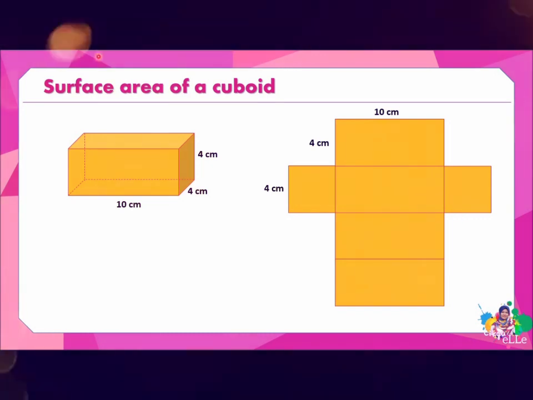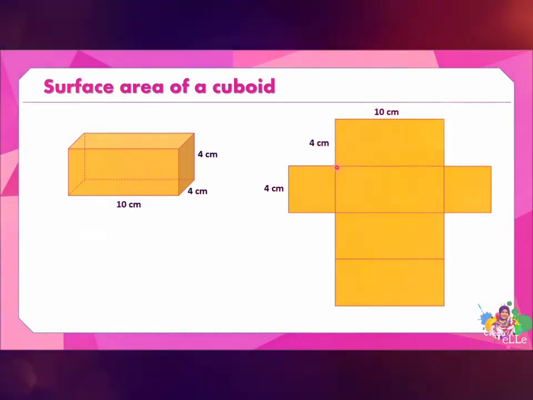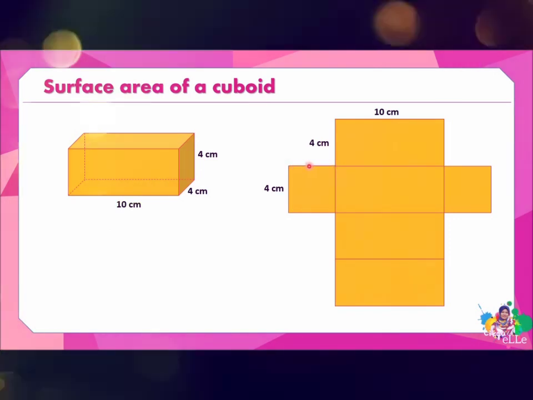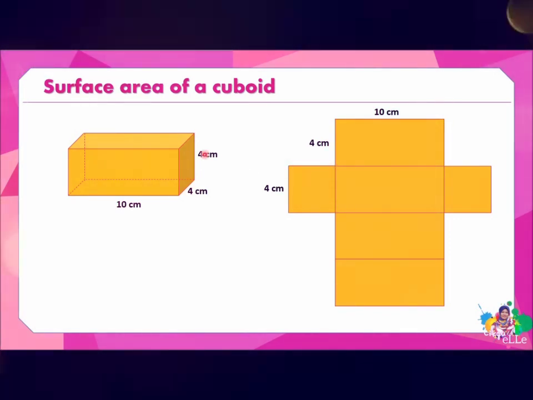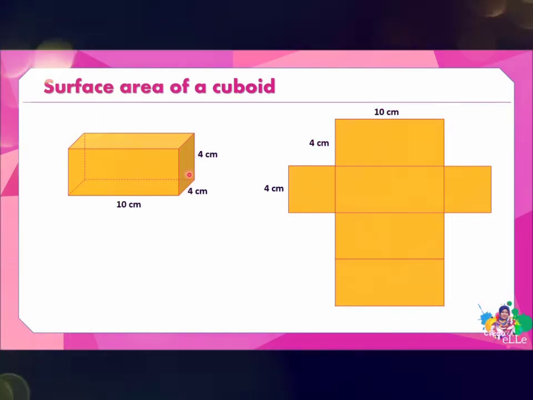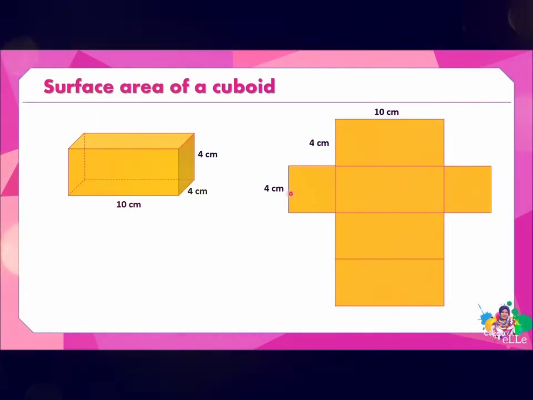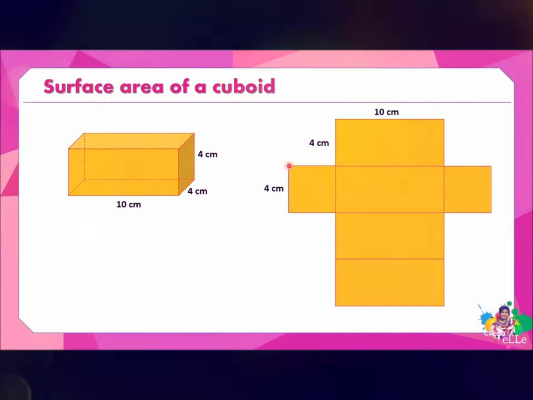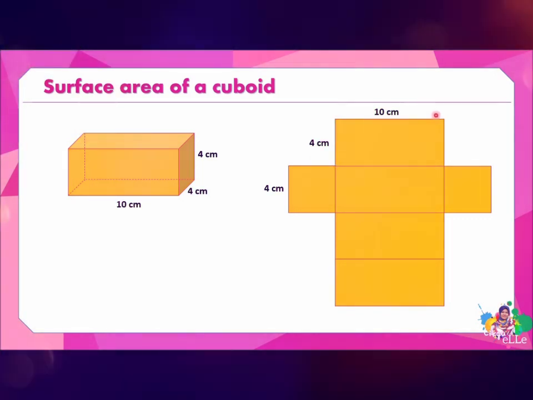This one is 4 cm for this side, and also this one is 4 cm, because when you look at this 3D shape, this one is a square face, so this one is 4 cm, and also this one 4 cm. Okay, and this length is 10 cm.